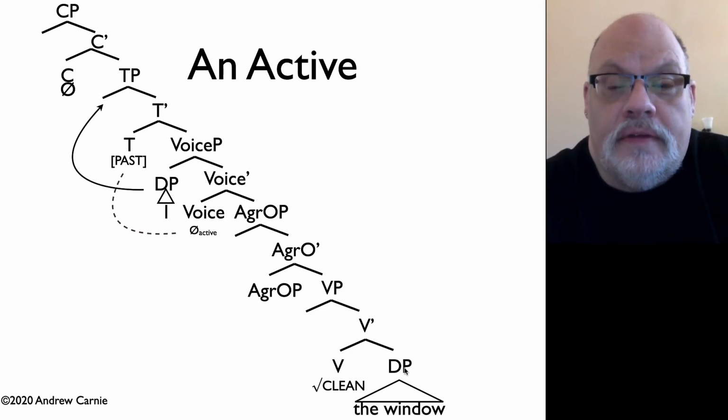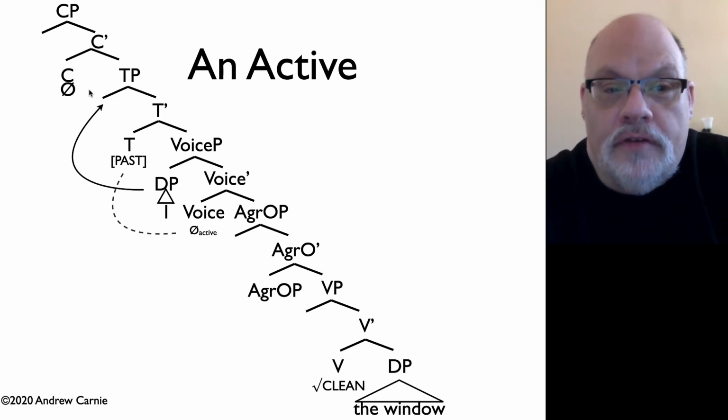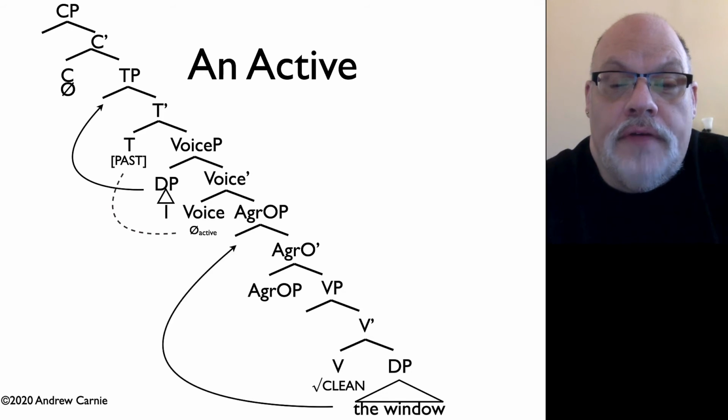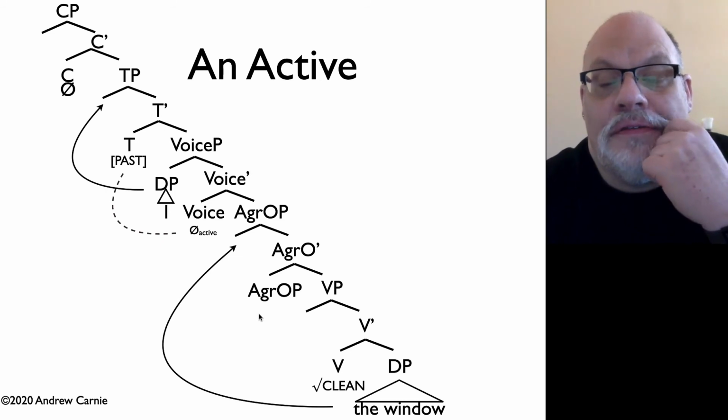This is where it gets its theme role. But this is no longer a case position for us. We're now tying accusative case to this AgrOP morpheme. So accusative case is actually up here, just like nominative case is up here. And so we're going to move that DP into the specifier of AgrOP. This is where it would check accusative case.